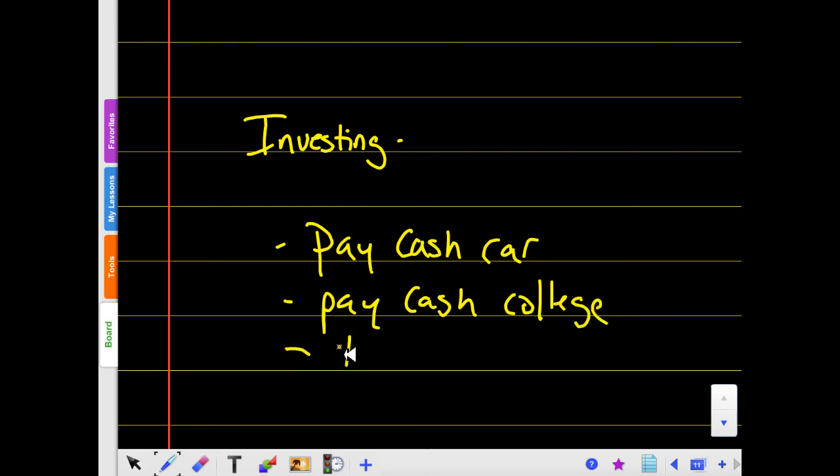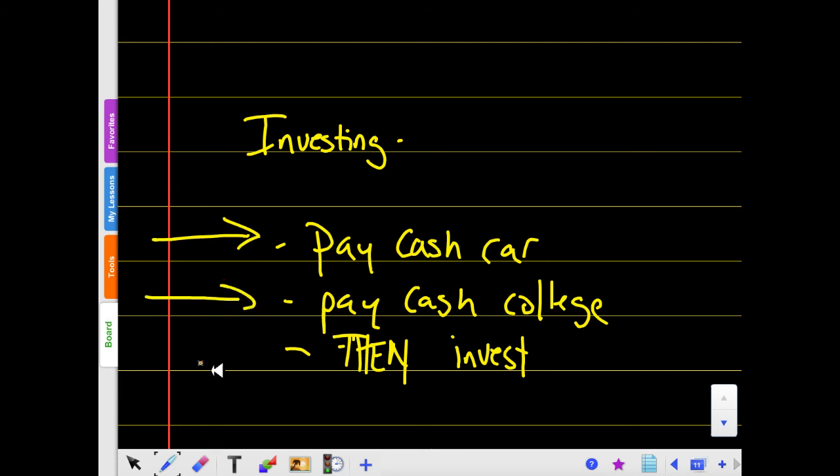And then invest. But it makes sense if you think about it. It doesn't make any sense to have debt on this, and then be trying just to put money towards your investments. Put your own money as you're growing up and you're young. Cash for your car, cash for college, and then once that's done, once you're out of college and you have no debt, 100% of your money is free to you to do what you want.